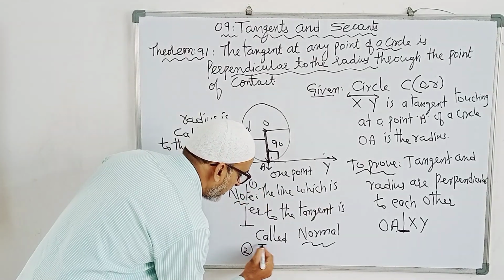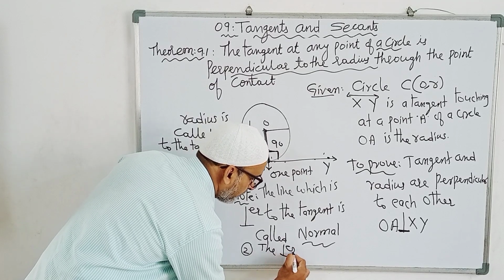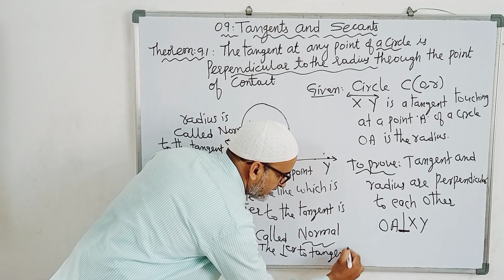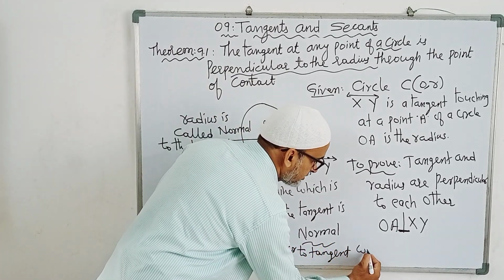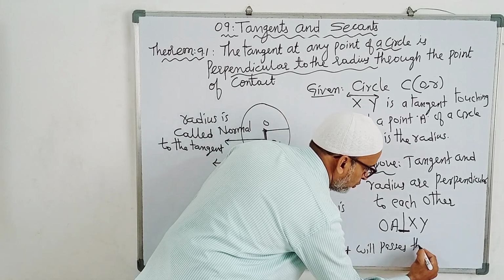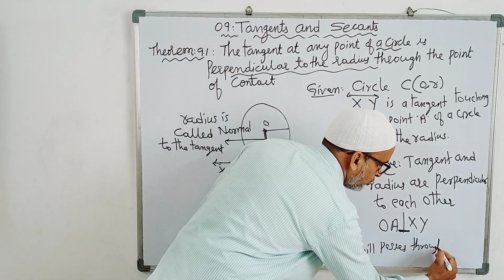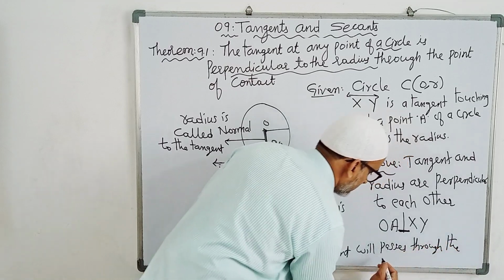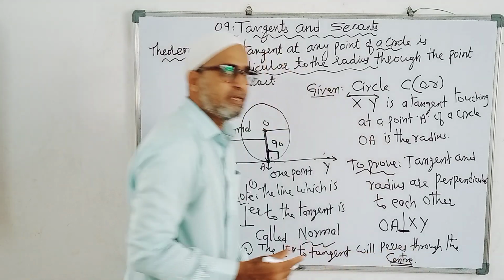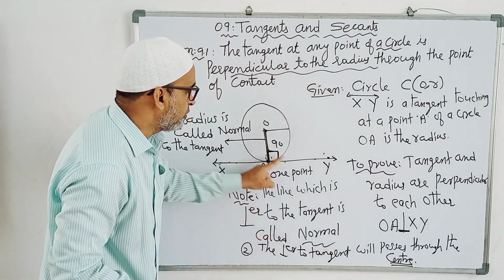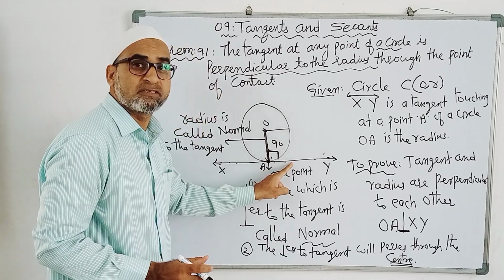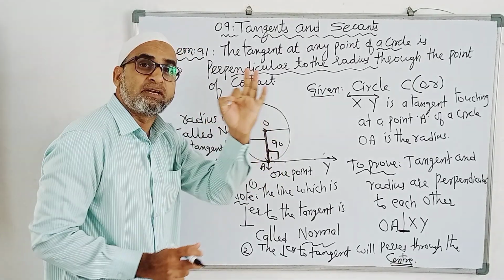The perpendicular line, the line which is perpendicular to tangent will pass through the center of the circle. Compulsory center. Means this perpendicular line which is perpendicular to the tangent, from where it will pass means it will pass through the center only.